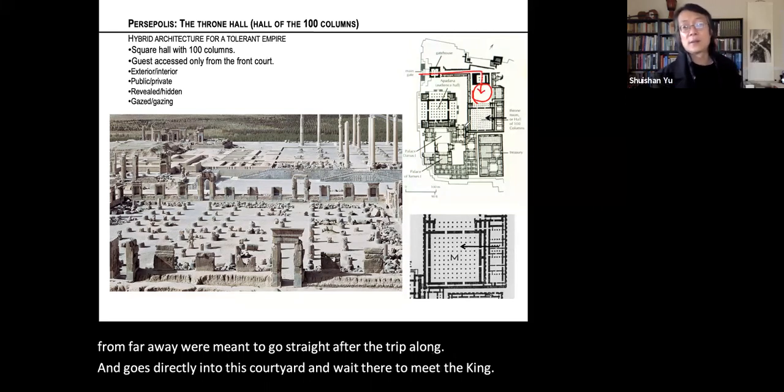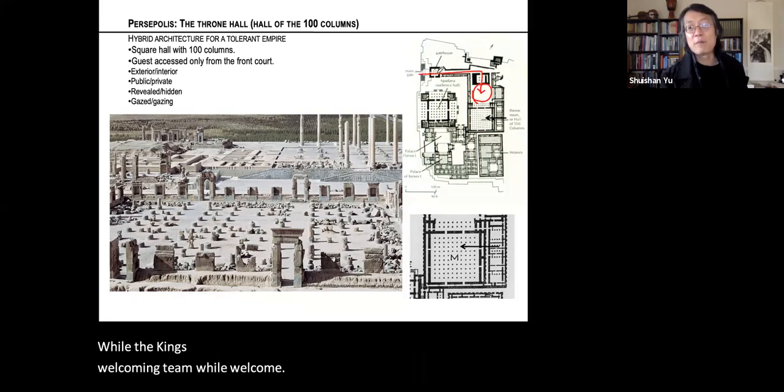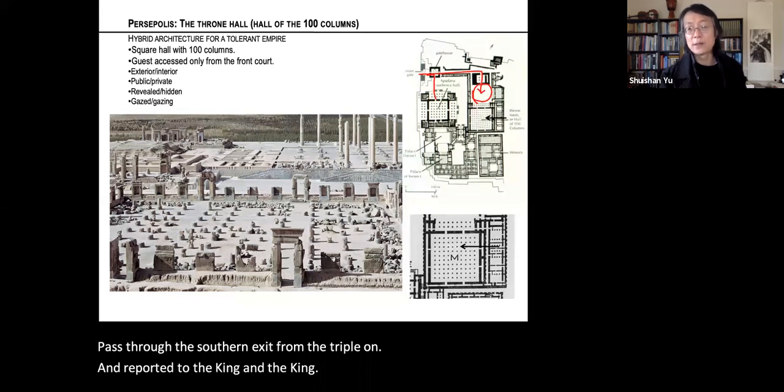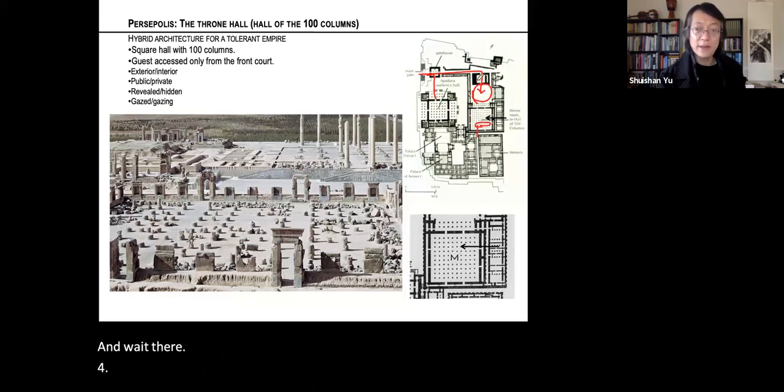While the king's welcoming team welcomed the guests from far away, they would pass through the southern exit from the tripylon and report to the king, and the king, going from his quarters, would appear directly from the back door inside the throne hall and wait there for the ambassador to show up to meet him.